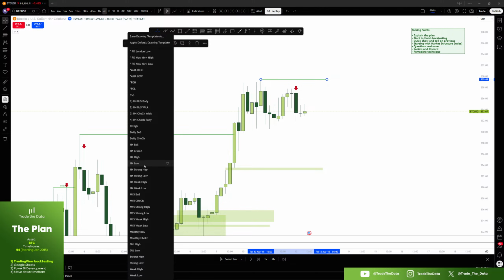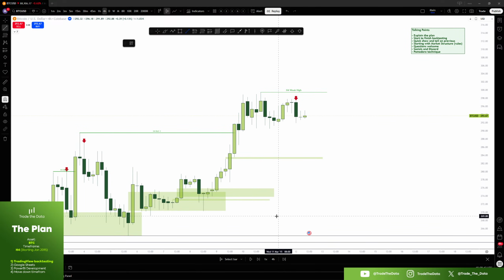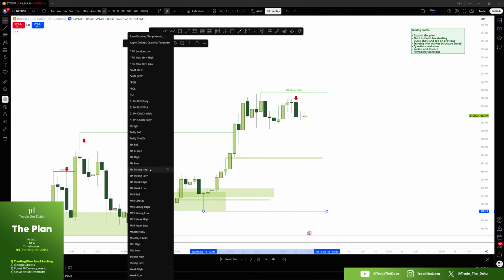And that is the H4 week high. Selected the M15. Here we go. There we go. Got a low which is all the way down here. And this is what we'd class as the strong low.